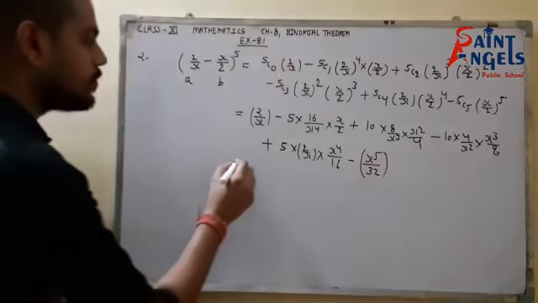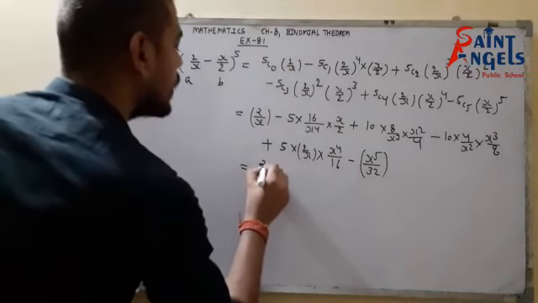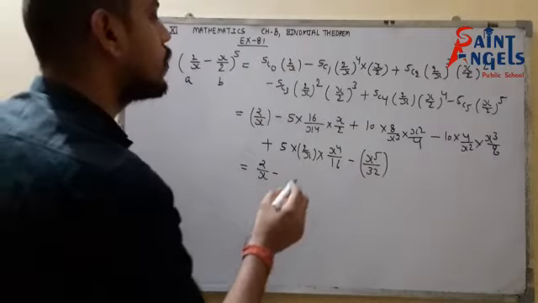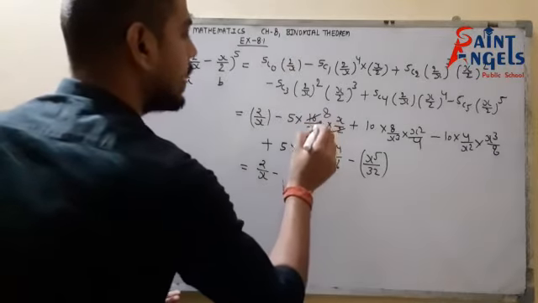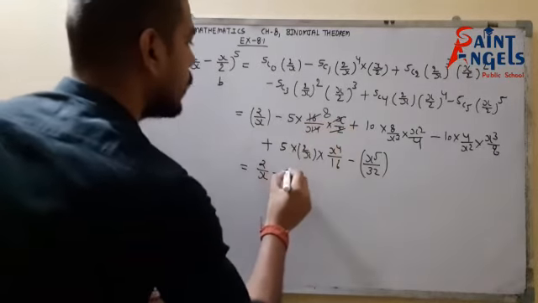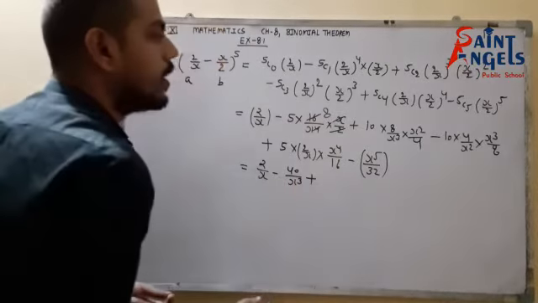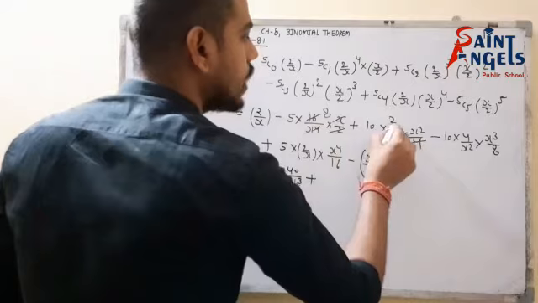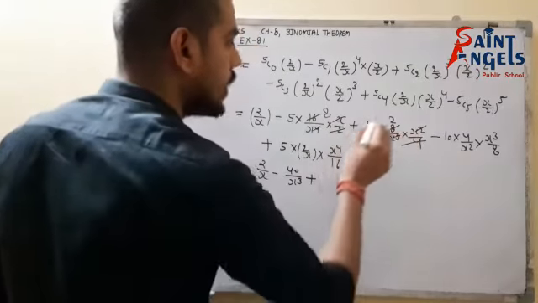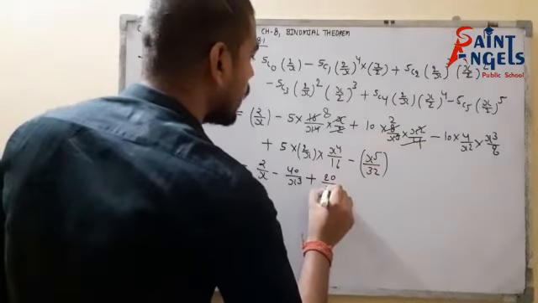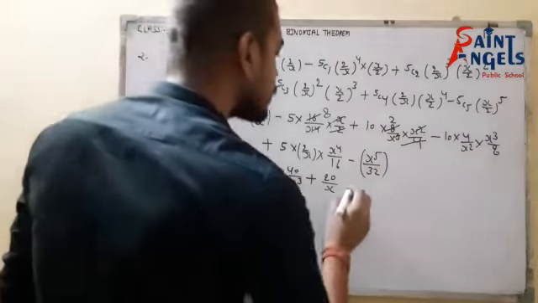Okay. Now 2 upon x, it would be equal to what? 8 times and 3 times. So that would be minus 40 upon x cube, plus it would be 4 into 8 and 1 time. So that would be 20 upon x. Okay.